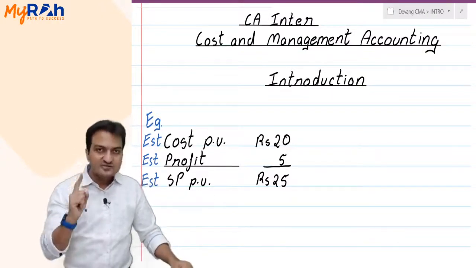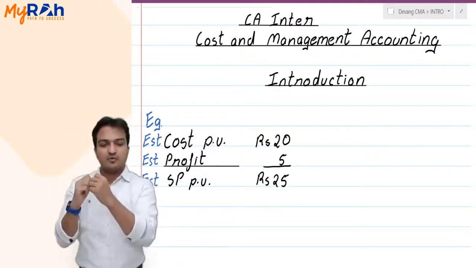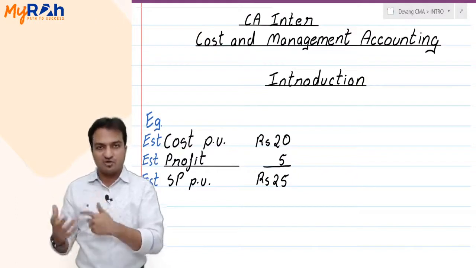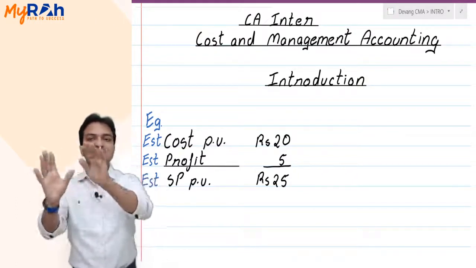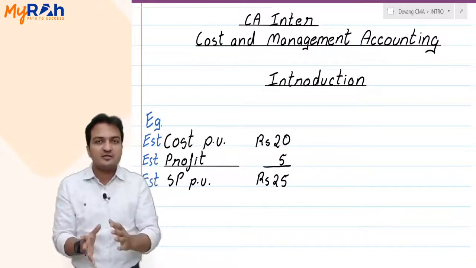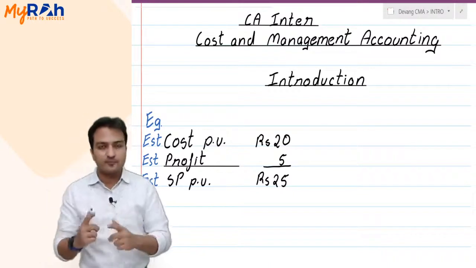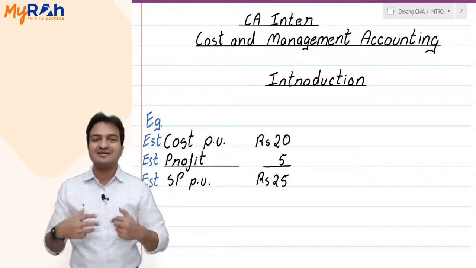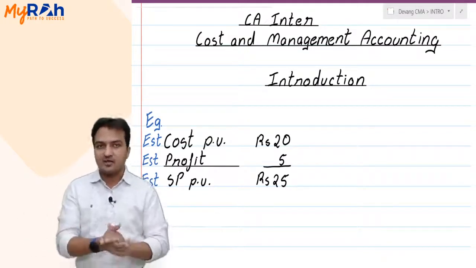And the first, most important difference I told you was that in financial accounting you make your balance sheet, P&L, and books of accounts for presenting to your investors and outsiders, while cost accounting is for internal management and internal decision making purposes.